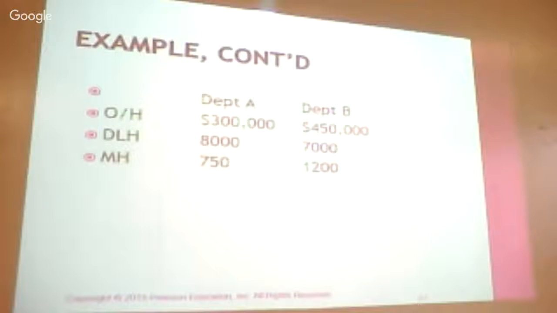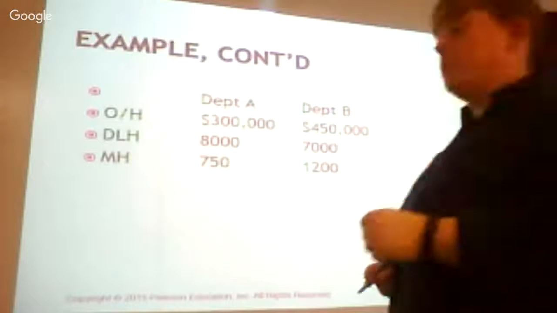I'm really low. Per machine hour. Okay, so in Department A, my overhead rate is going to be $37.50 per labor hour. In Department B, it's based on machine hours, so my rate is going to be $375 per machine hour.